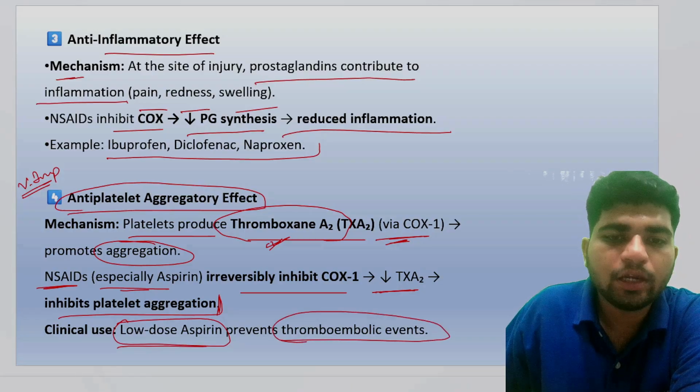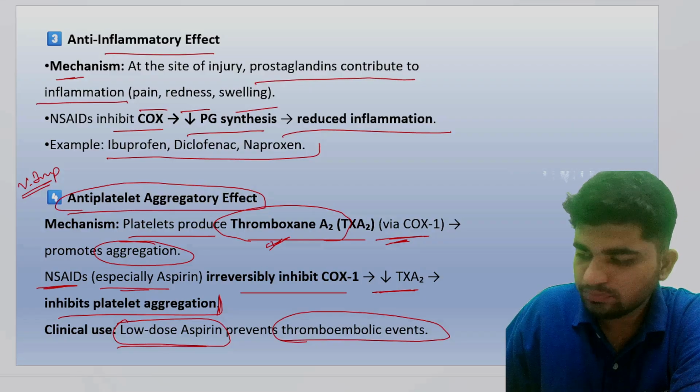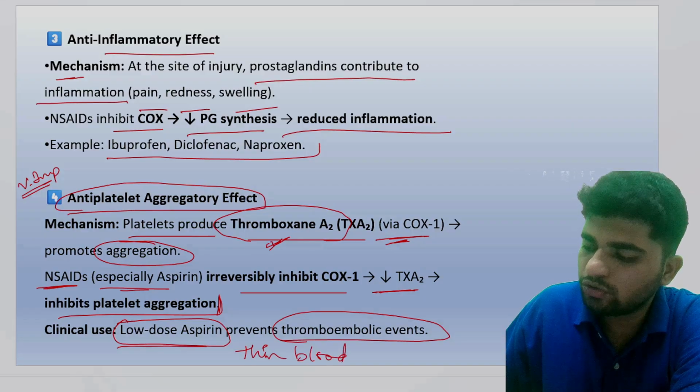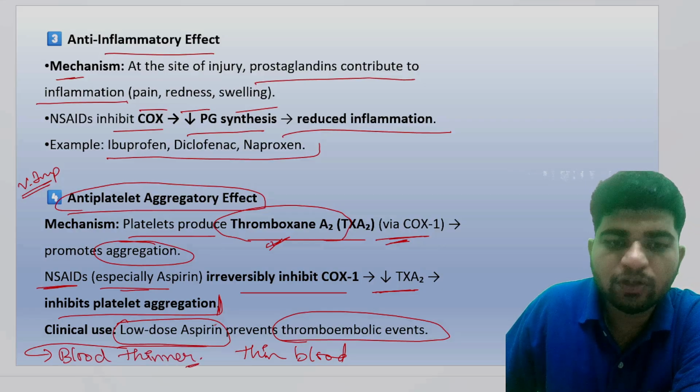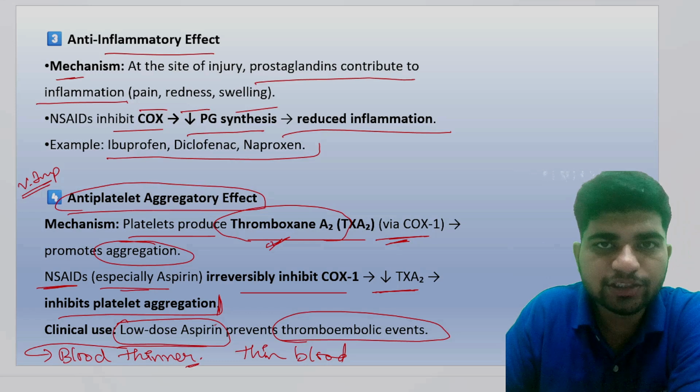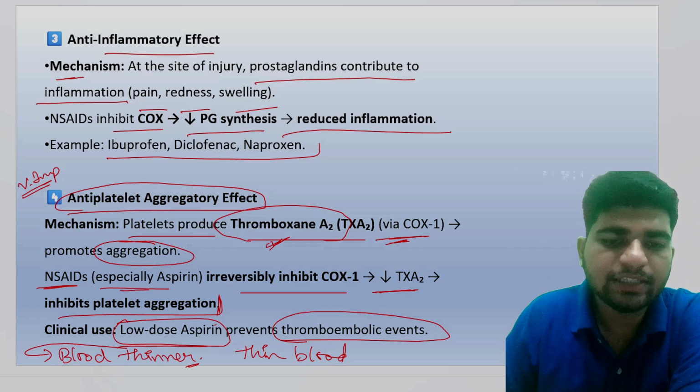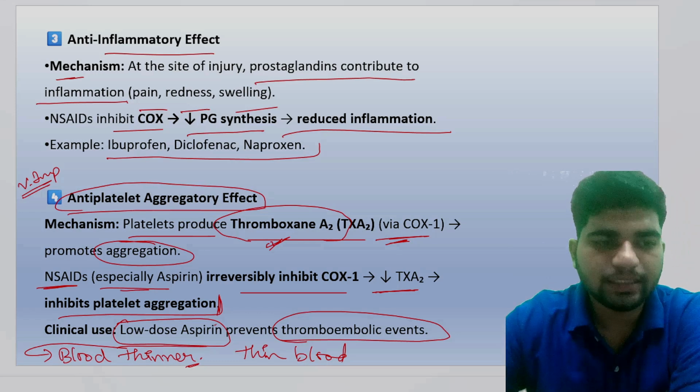That's why low dose of aspirin is generally taken in winter conditions to thin the blood. It is also known as a blood thinner, isn't it? Because it reduces platelet aggregation. So that's why it is given as a blood thinner.